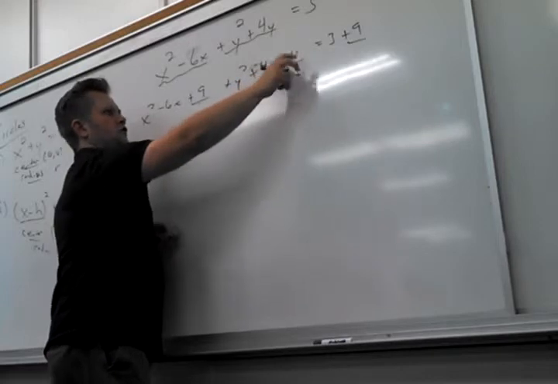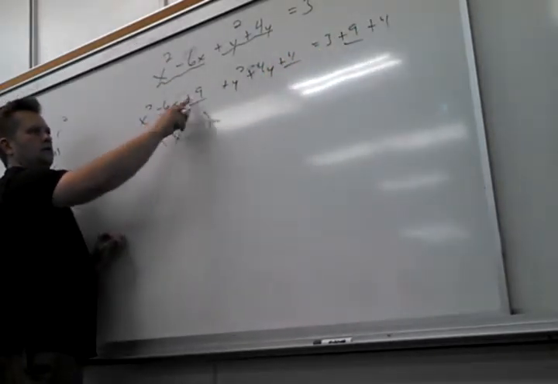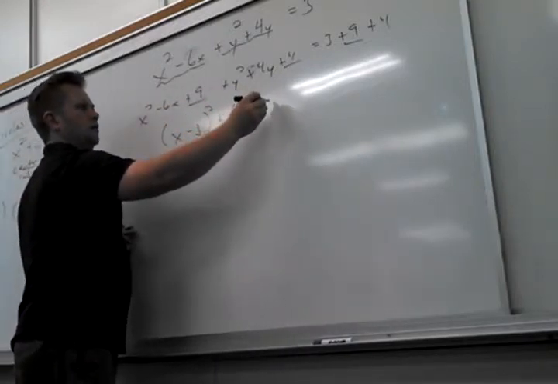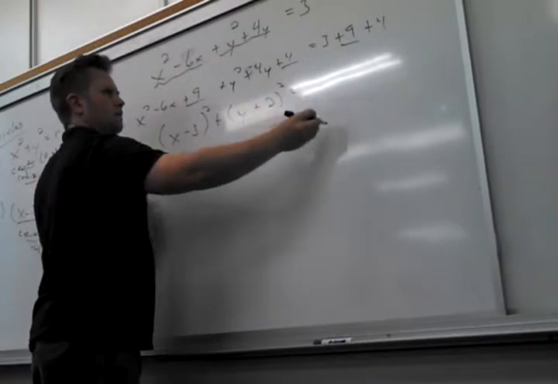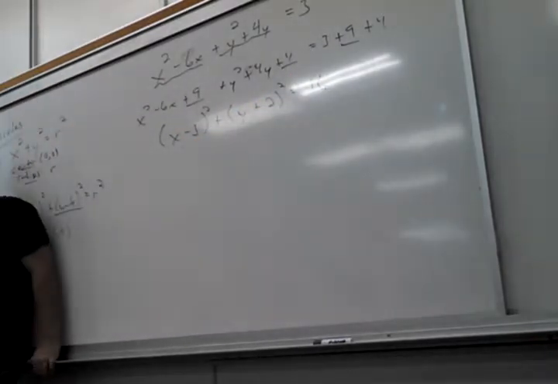Half of 4 is 2, squared is 4. So now I get x minus 3. I told you completing the square had its own purposes, and you have to be able to complete the square to get this in the right form.